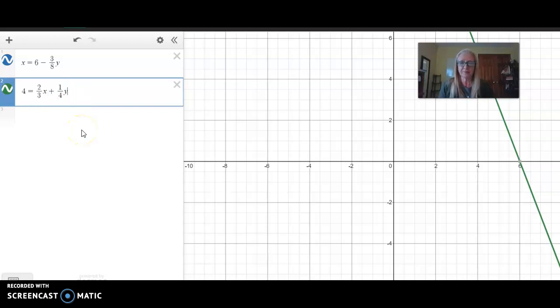I only have one line. You know why? Because these are the same line. If you had put these in slope-intercept form, they would have both been y equals -8/3 x plus 16. So this system of equations has infinite solutions. They are the same line, but you didn't have to do all that work because you were using Desmos.